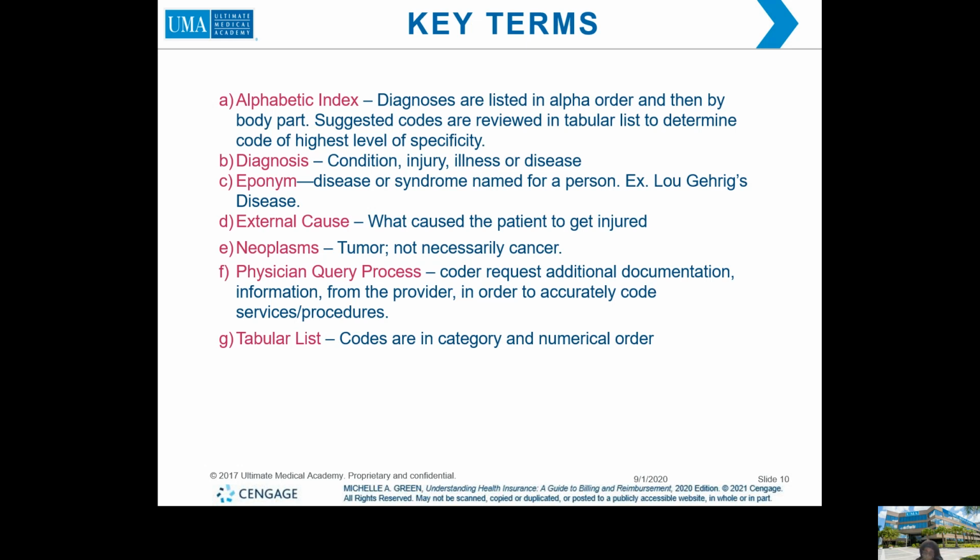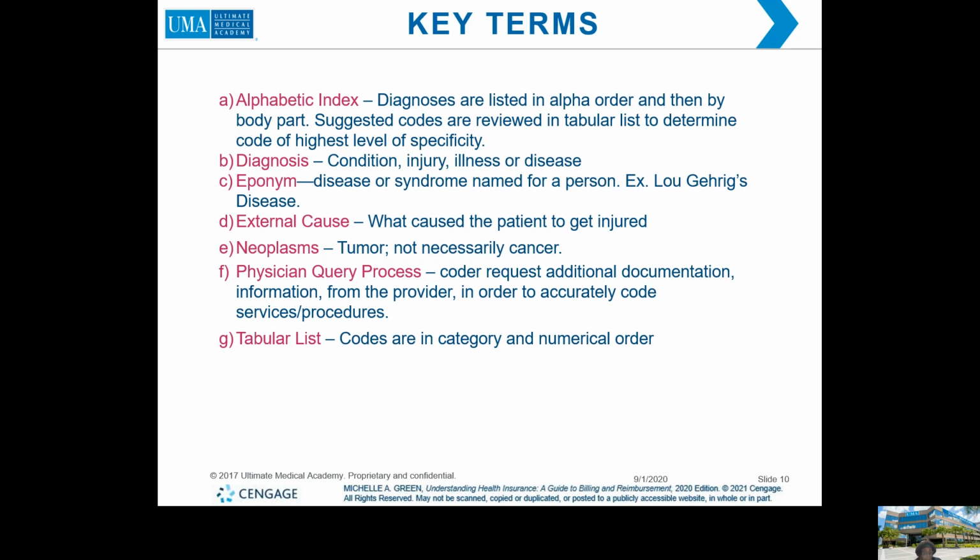We talked about neoplasm. Querying a physician. Well, if I'm the coder and I'm reading the documentation and I don't think I have enough in order to code correctly and to the highest level of specificity, then I have to ask for additional information from the provider. And that's what's called querying.